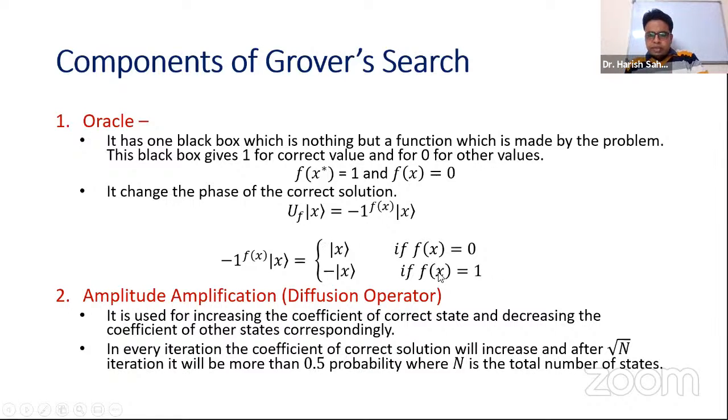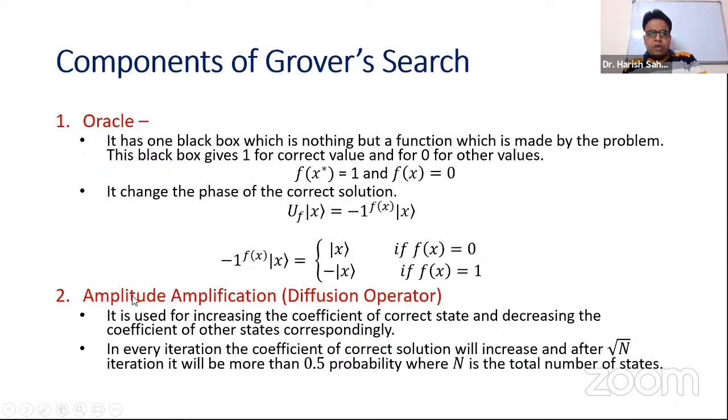So whenever f(x) is 1, basically x star, it will change the sign of the desired state, and for others it will remain the same. So this phase inversion changes the phase of the desired state, that is x star. If we are searching for x star, it will change the sign of that value.